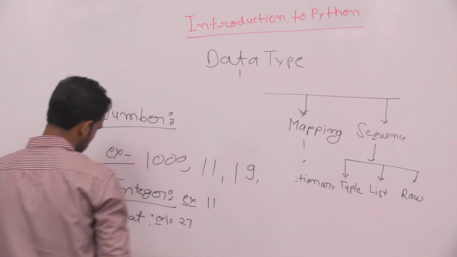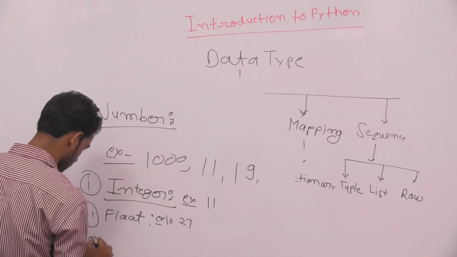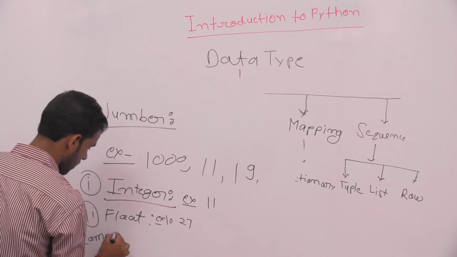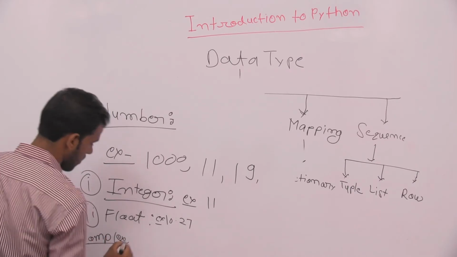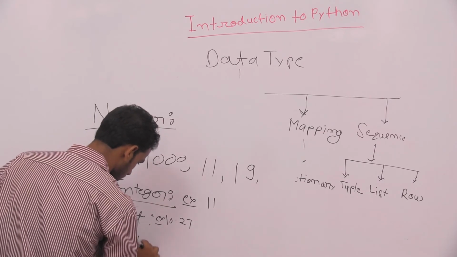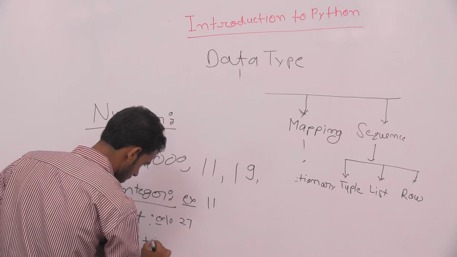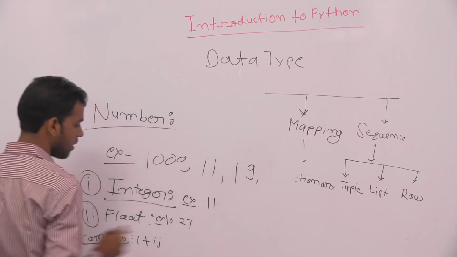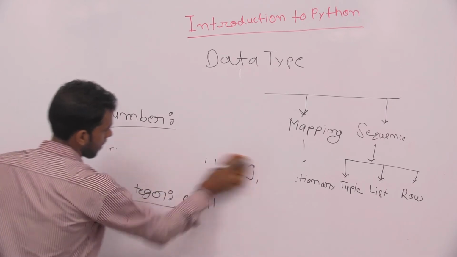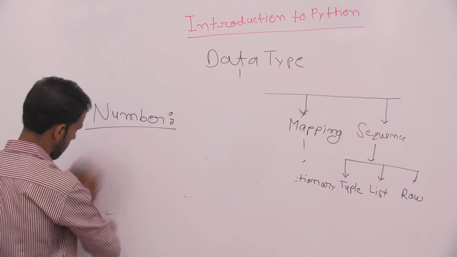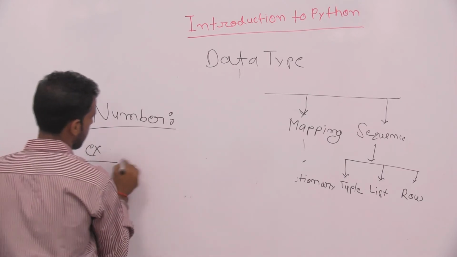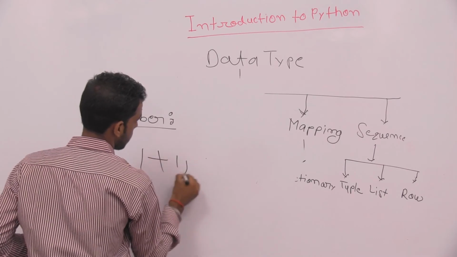And the third one is complex. Complex data type has two floating point numbers: one is real and another one is imaginary. An example of complex data type: 1 plus 1j.